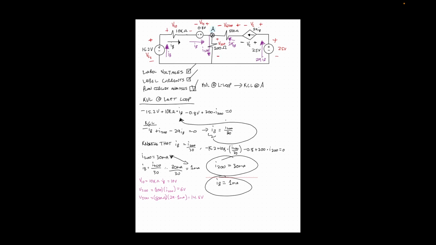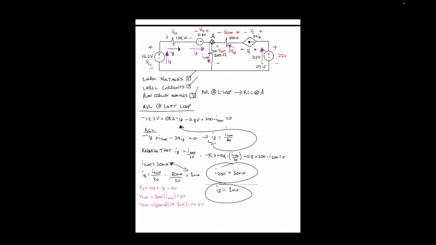Now, to find VC, let's do a little bit of thinking. Right now, I don't have the tools to directly solve for VC. However, I do have KVL and I have KCL. Using those two, I'm able to solve it by doing one KVL in this loop, looking for my VC.